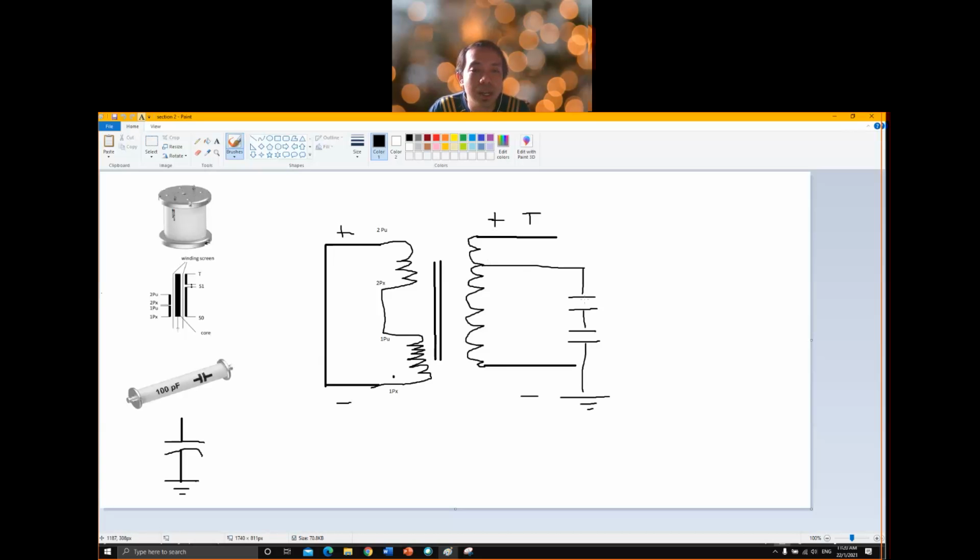For this capacitor, it is connected in series. This is ground, and this is positive and negative.